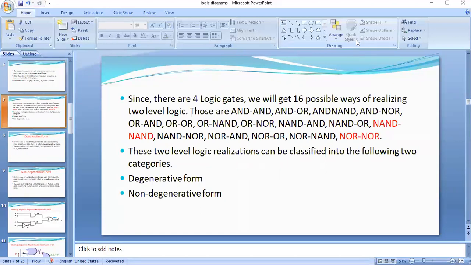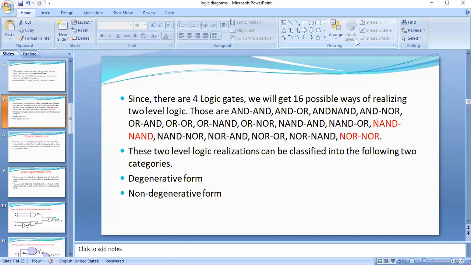We can realize a two-level logic. Based on these combinations, the two-level logic realizations can be classified into two types: degenerative form and non-degenerative form.